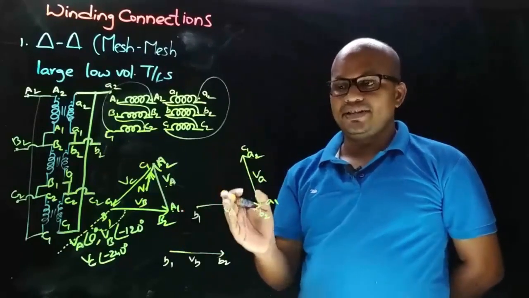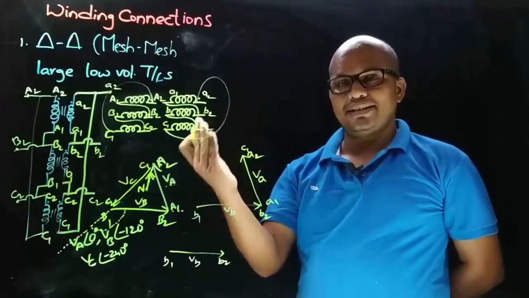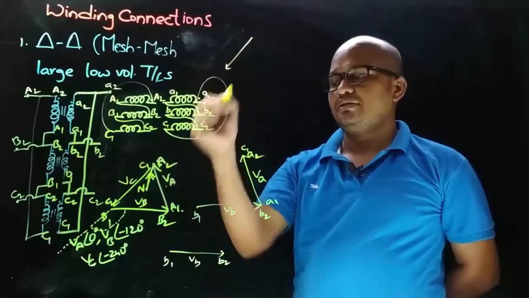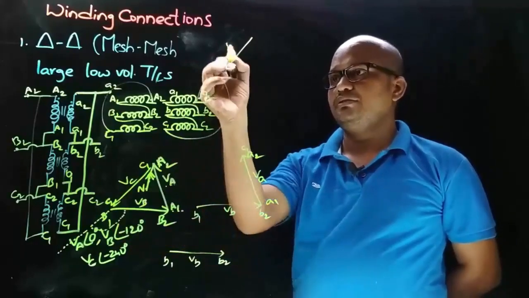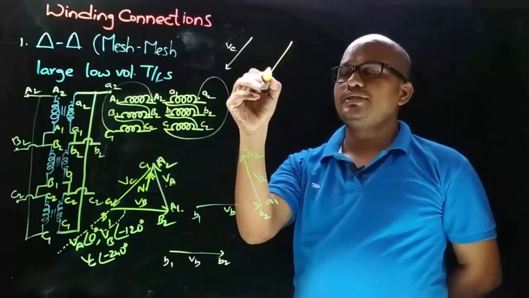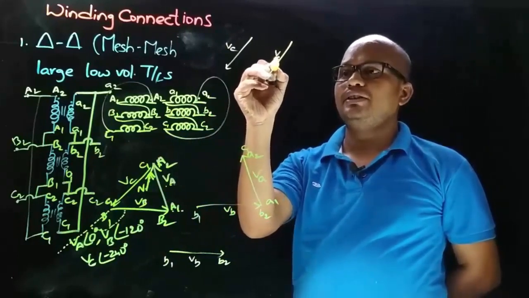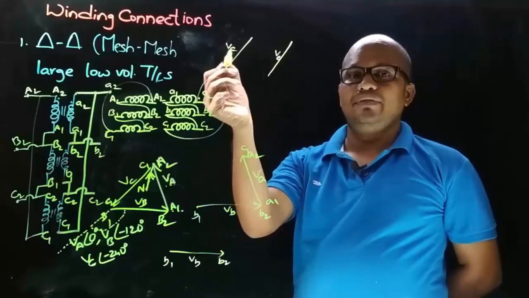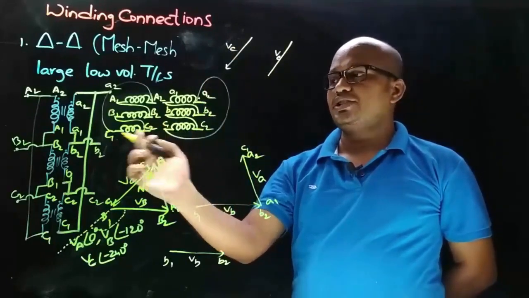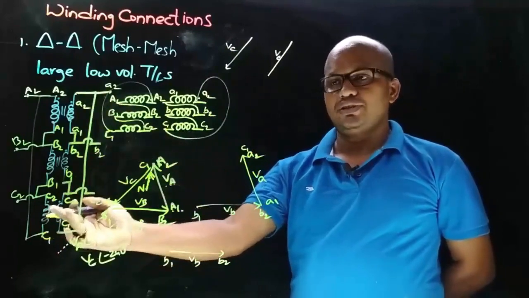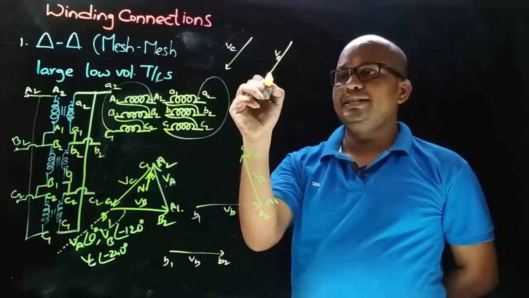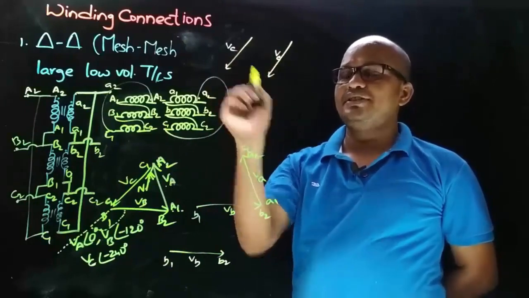And now to this secondary side VB phasor, we need to draw the secondary side VC phasor. So primary side VC phasor is in this direction, and the secondary side VC phasor will always be parallel to primary phasor. And now we need to decide the direction, and here to these windings the connections are taken from dot ends. So the secondary side VC phasor will be in same direction as that of primary side VC phasor.